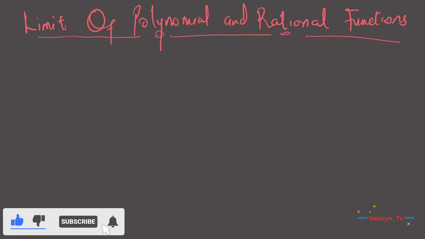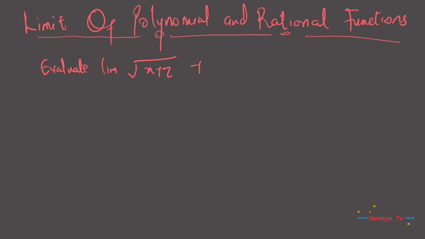So let's look at this example. We are going to evaluate the limit of the root of x plus 2 minus 1, over x plus 1, as x approaches negative 1.